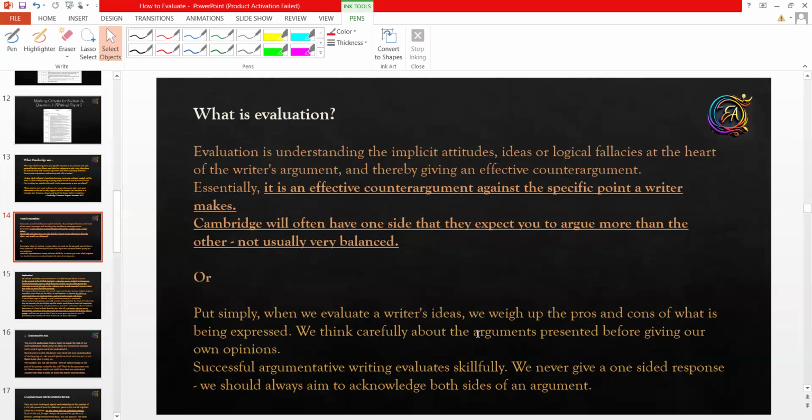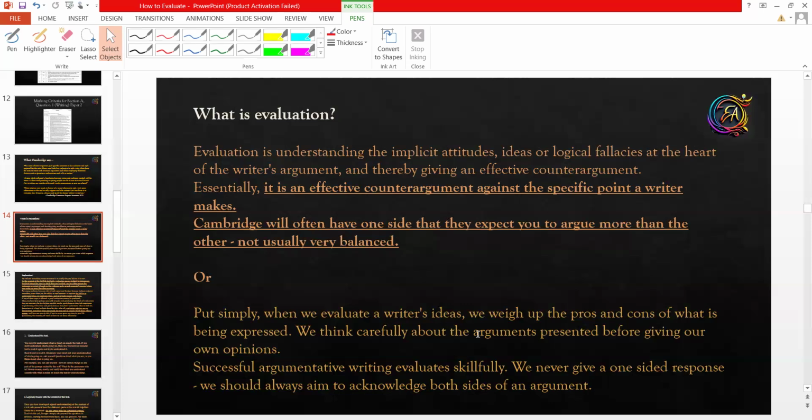Now, I've just explained it in easier words. Put simply, when we evaluate a writer's idea, we weigh up the pros and cons of what is being expressed. We think carefully about the arguments presented before giving our own opinion.